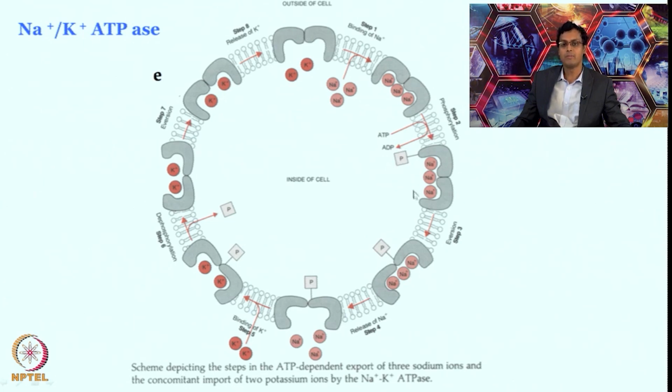Now this energy driven process will cause the eversion of this pocket to throw this sodium outside the cell. Release of sodium will then happen to ensure that sodium goes outside the cell from inside the cell.